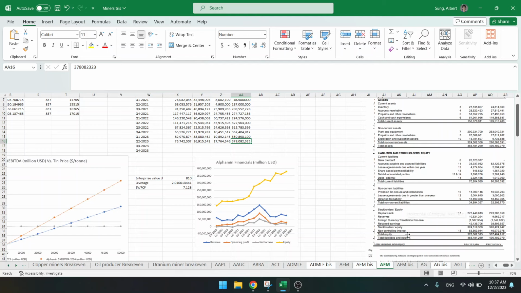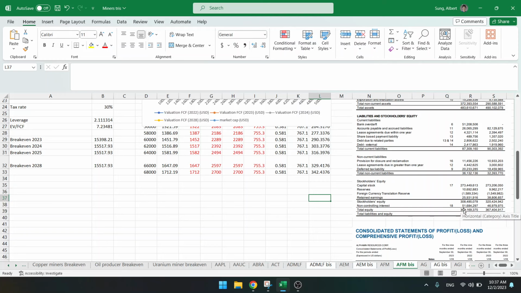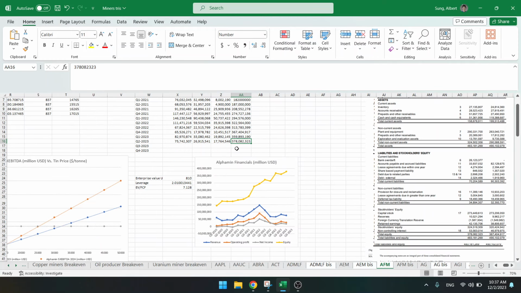What did I choose? 378. Oh, I took the total equity, 378. So now it's 360. So actually the equity went down. That's not good.